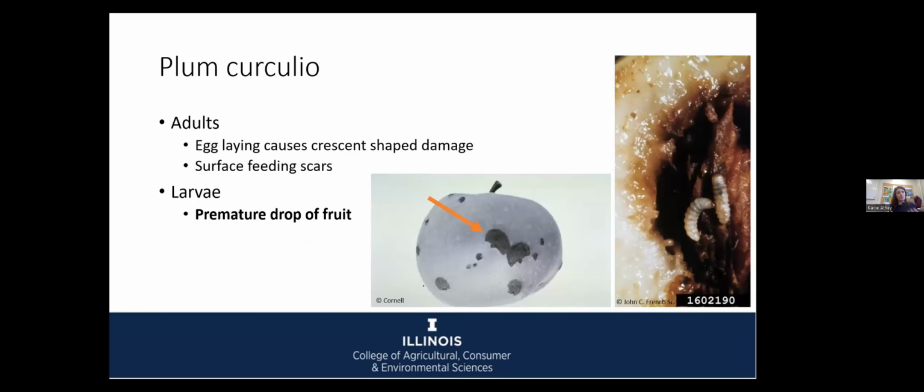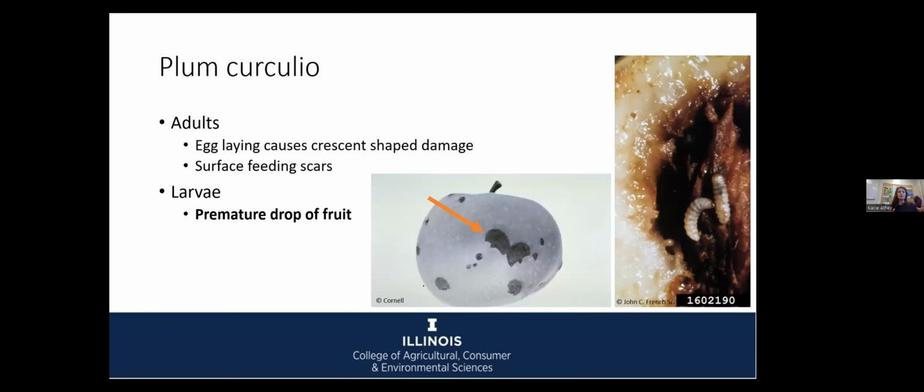On apples, the way that you know that you have this, if you're not using trapping, is these crescent-shaped scars on the fruit. And there's some surface feeding scars as well from the adults. The other way that you know that this is the problem that you have in your orchard is that it absolutely causes fruit to drop.